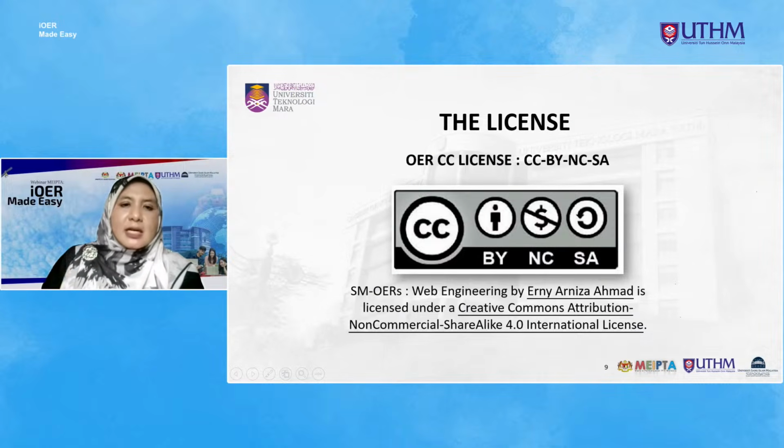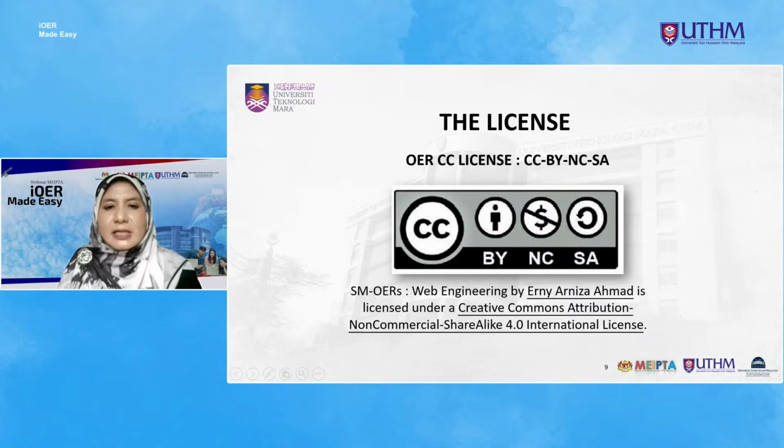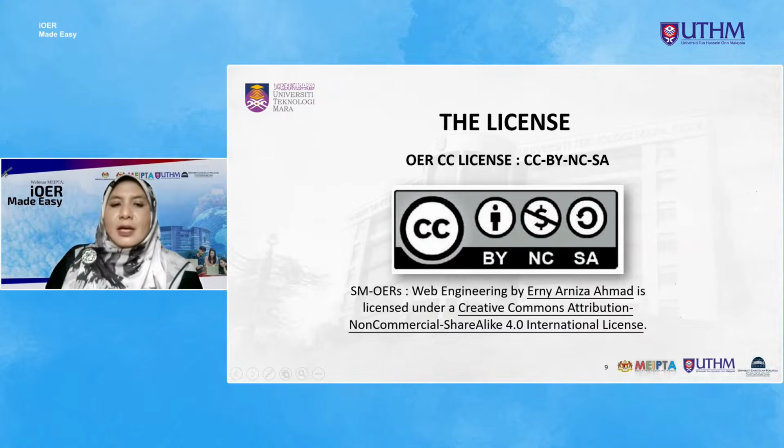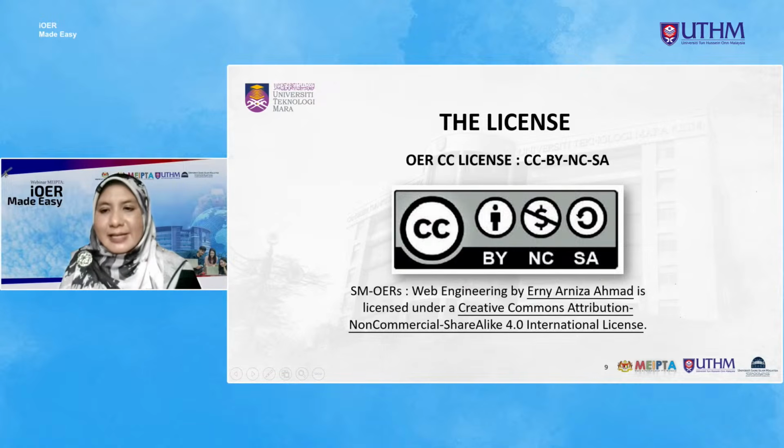This one is registered under Creative Commons. My lesson is BY-NC-SA. So this is the attribution, and this is how you can write the attribution. This is the material, this is the author, and this is licensed under Creative Commons Attribution Non-commercial Share-Alike 4.0 International License.